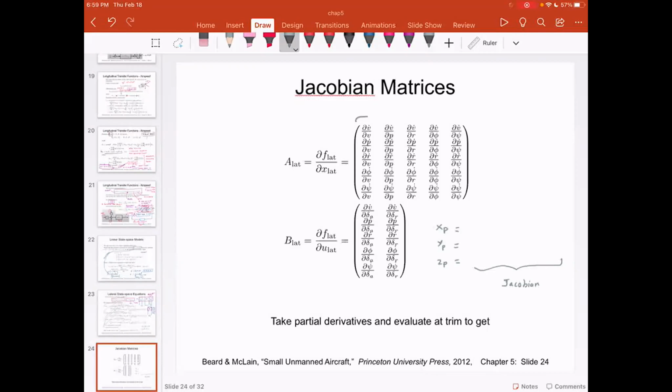That is exactly what this is all about. The Jacobian is nothing but keeping all the states but one constant and finding the effect of varying one particular state while all the other states are constant. That's why these are all partial derivatives.